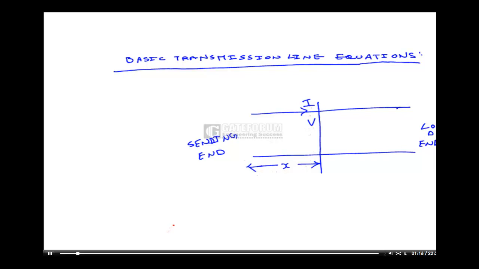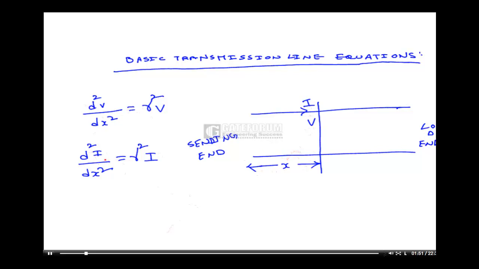Then the basic transmission line equations look like this: d square V by dx square is equal to gamma square V, d square I by dx square is equal to gamma square I, where V and I are voltage and current at a particular distance x from the sending end.